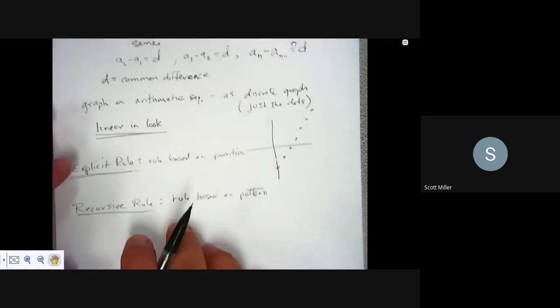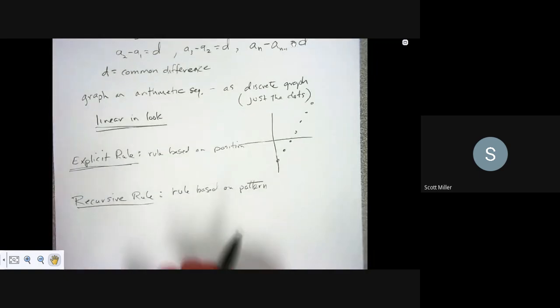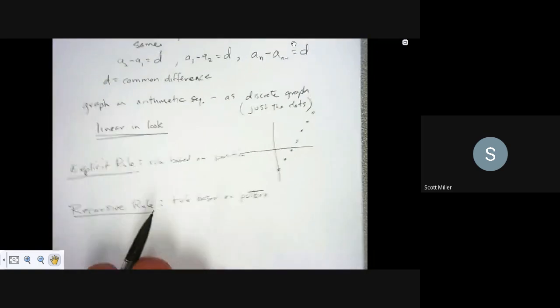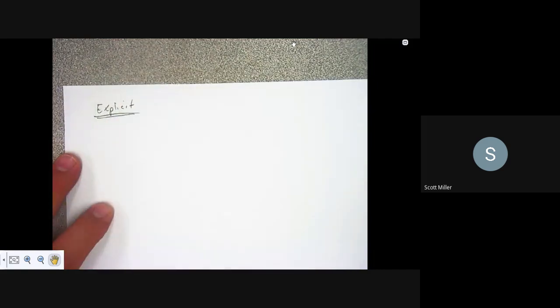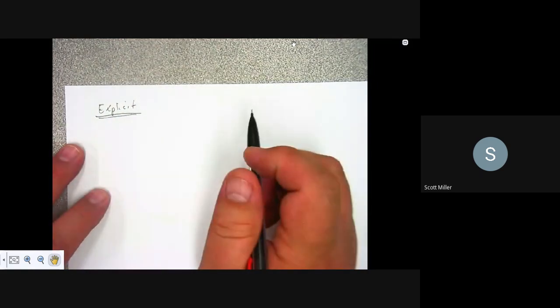So let's start off with the explicit rule. Let's look at the explicit rule in more detail. This is how you will find it, if you know it's arithmetic. You need to know a couple of things.